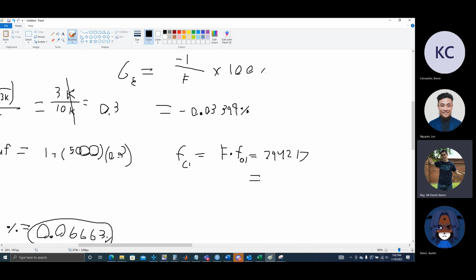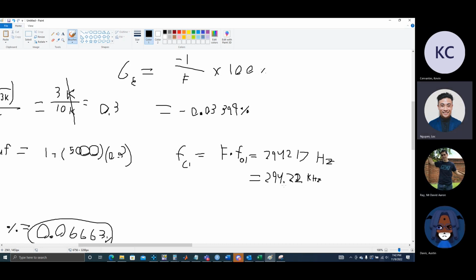And then that's just equal to 294.22 kilohertz. So like this one up here is just hertz, and then I just made it kilohertz by dividing it by 1,000. So far, so good? Yeah.